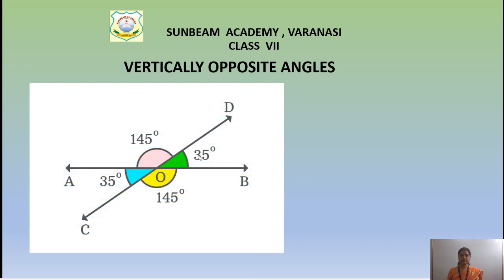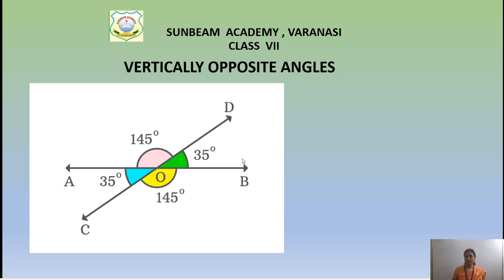See this, two lines AB and CD are intersecting at point O. See the opposite angles AOC, it's 35 degrees, and BOD is also 35 degrees.